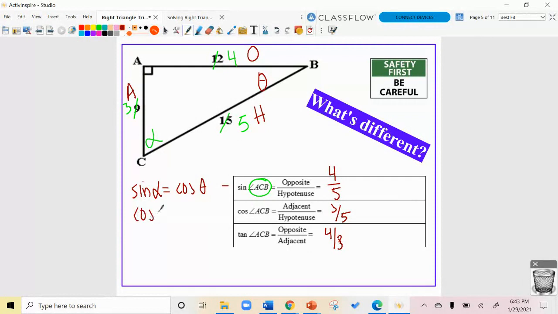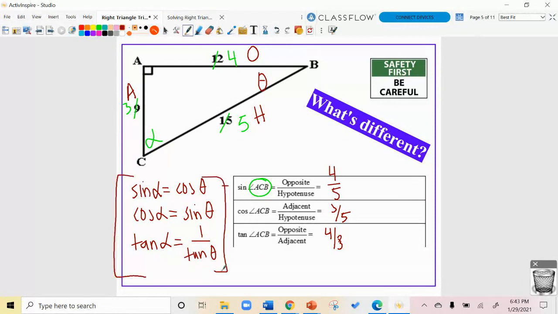The cosine of alpha is the same thing as the sine of theta. The tangent of alpha, well, that was the reciprocal, so 1 over the tangent of theta. So there are some pretty good relationships here.